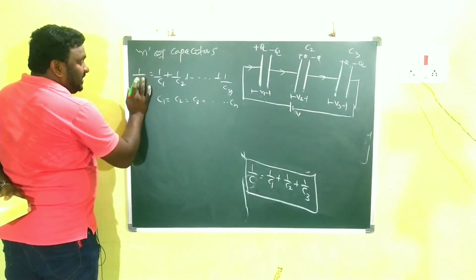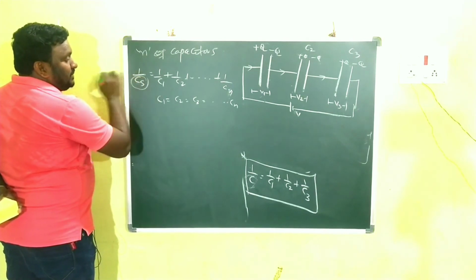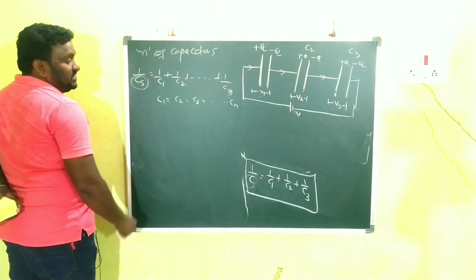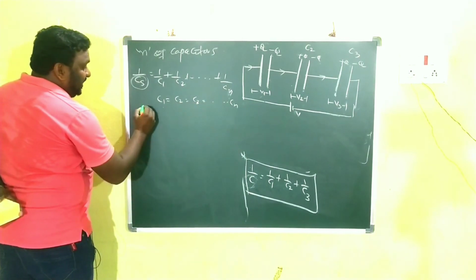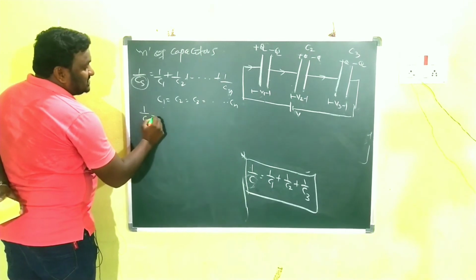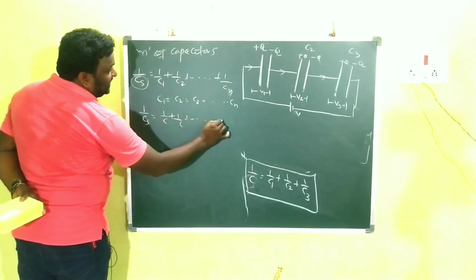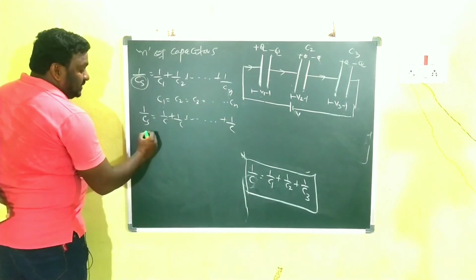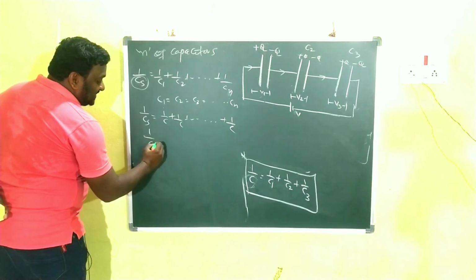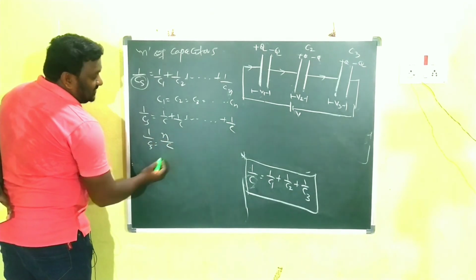All are having the same value. Here I am taking CS as the equivalent capacitance. So now C1, C2, C3 all have the same value. 1 by CS is nothing but 1 by C plus 1 by C plus and so on 1 by C, n times. That means 1 by CS is equal to N by C.